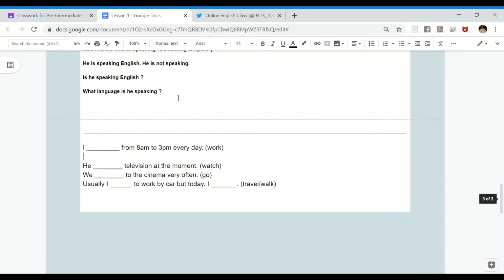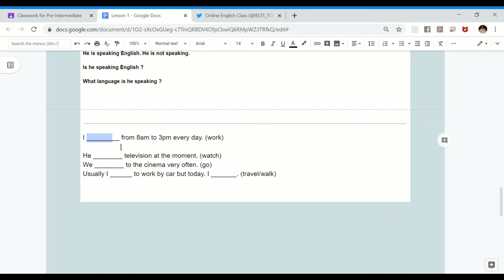It's present simple. So, what do you think? I work from 8 a.m. to 3 p.m. every day. Because it's every day, it's a present simple.